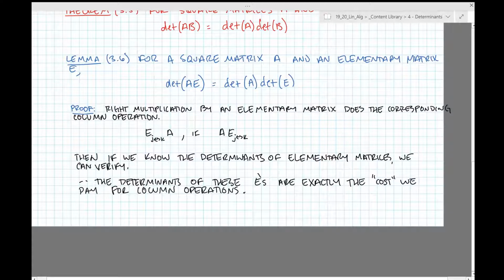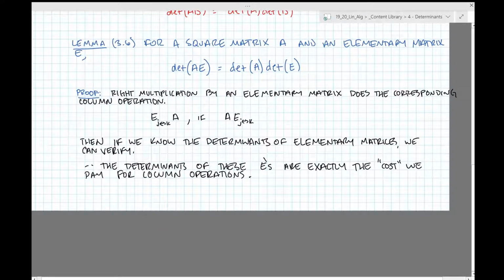And so what that's telling me is, remember we said if I switch row J with K, when we do that with columns, we change the sign of the determinant. And you can go and verify that this exchange matrix that swaps J and K has a determinant of -1.